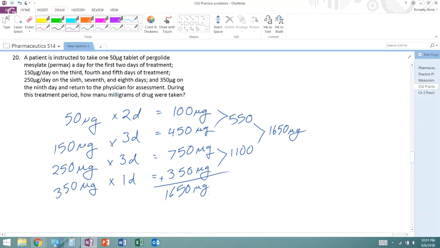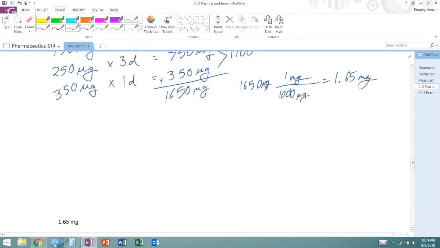Okay, and then this is in micrograms. We have to change this to milligrams. I believe these are micrograms. So then this is 1.65 milligrams, I believe, unless I'm mistaken.